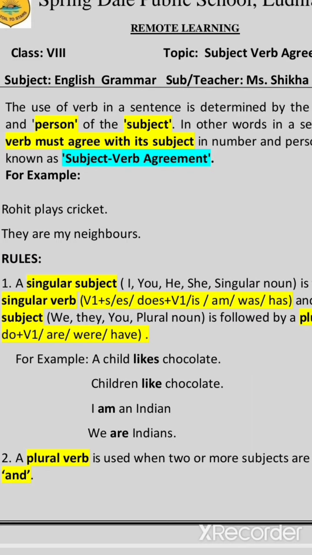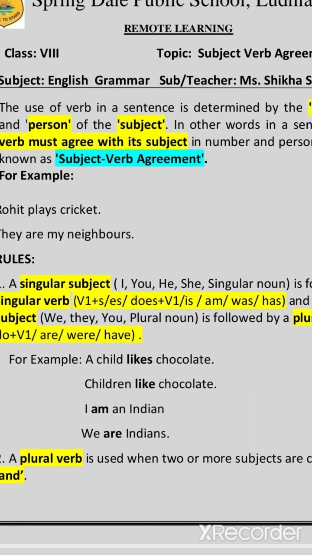Children, if you remember the rule of tenses, that time also I told you, when the subject is singular, we use first form of the verb plus s or es, or for framing interrogative or negative sentences, we use does, and is, am, was, and has. These verbs are also used with singular subjects only, right?